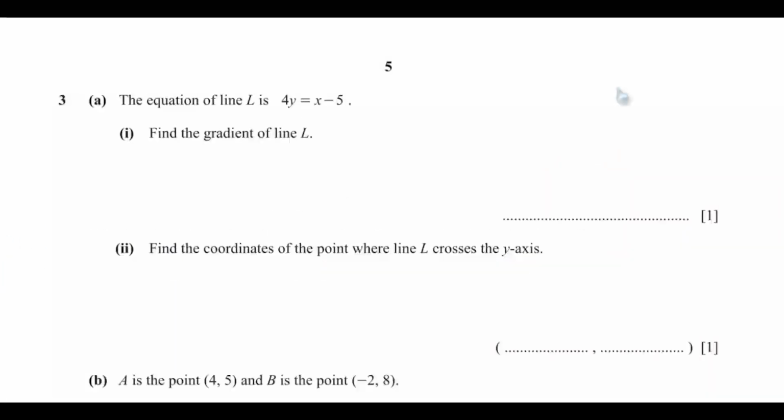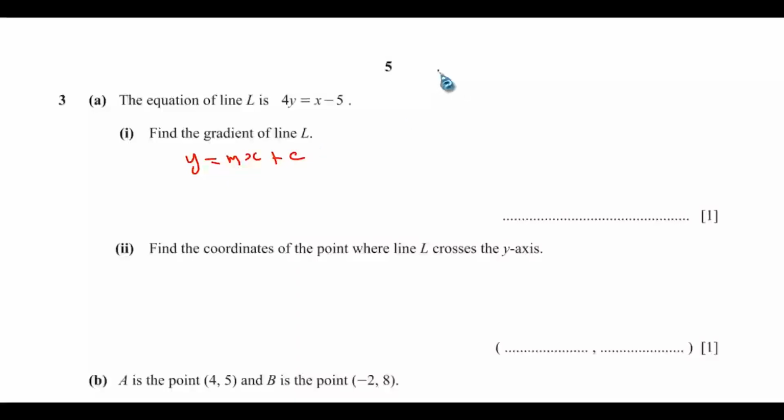That will be question 3. Question 3, the equation of line L is 4y equals x minus 5. Find the gradient of line L. So we need to rearrange this and compare it with the general equation of a straight line. The general equation of a straight line is given as y equals mx plus c. Okay, so we need to write this as this.